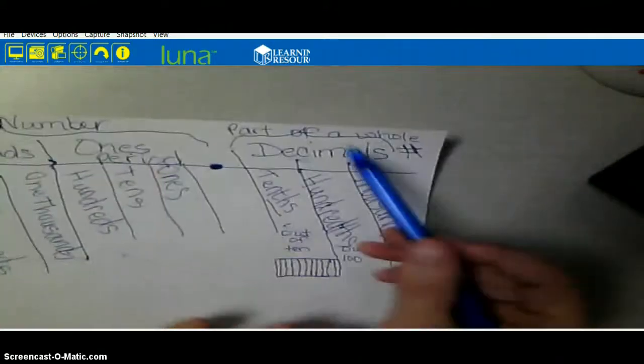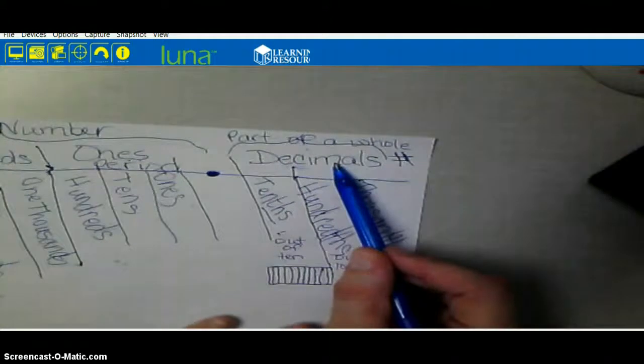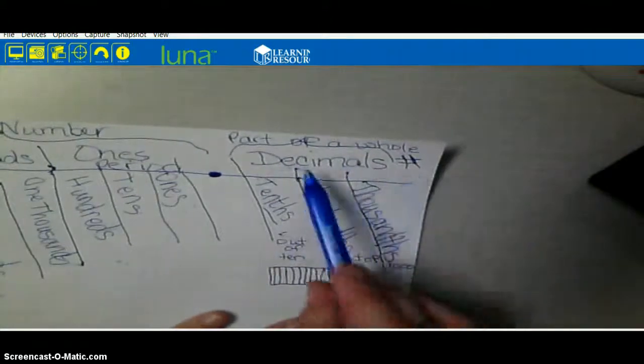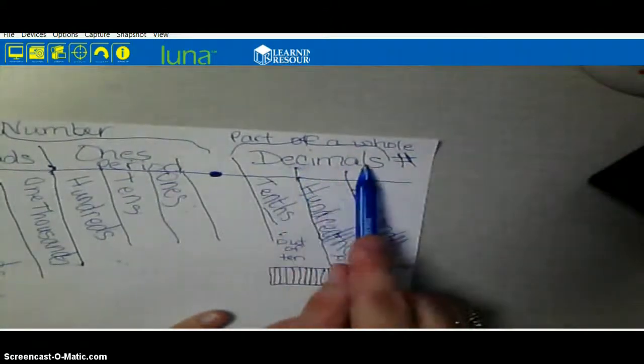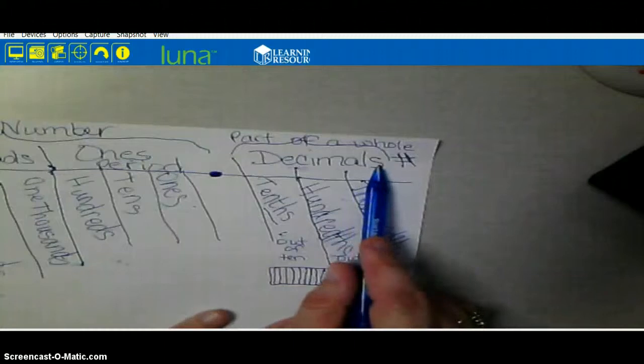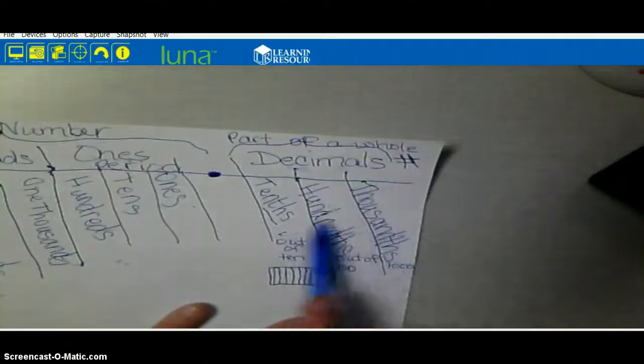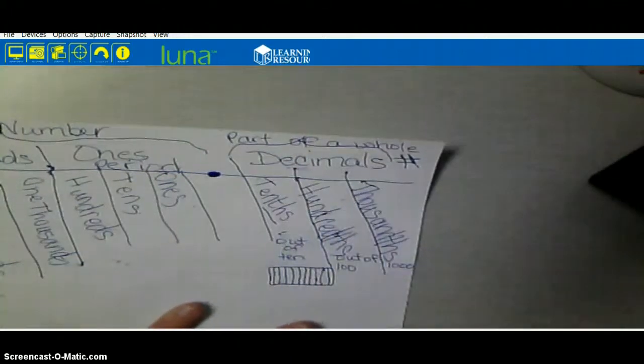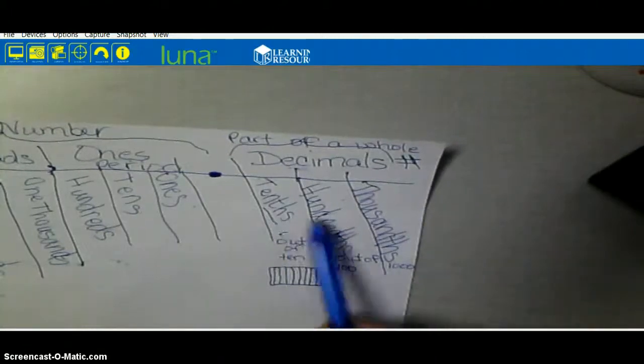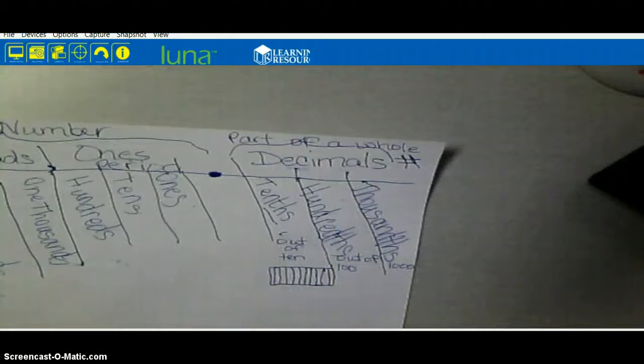Now, I said we talked about parts of a whole number. Well, now in 4th and 5th grade, you're hearing about decimals, and you actually have talked and learned about decimals without learning these names. The reason is because when you do money, you do numbers through the hundredths, because we talk about 100 cents, and we say that, well, if you have 99 cents, then it's $0.99.